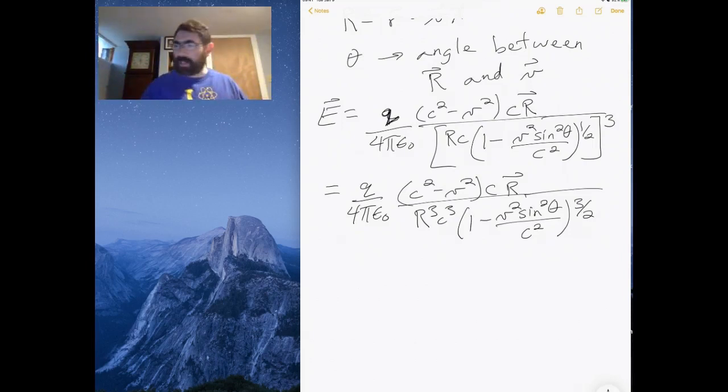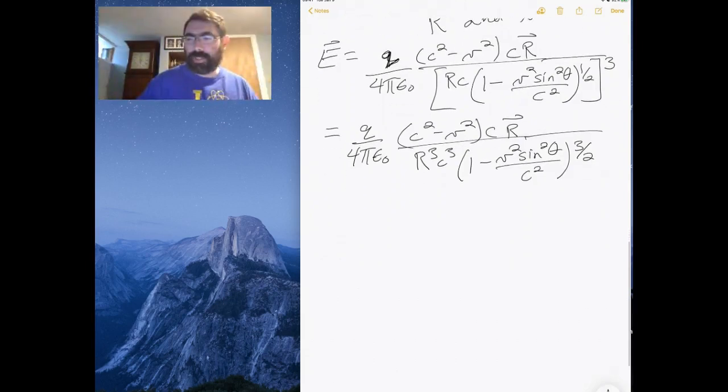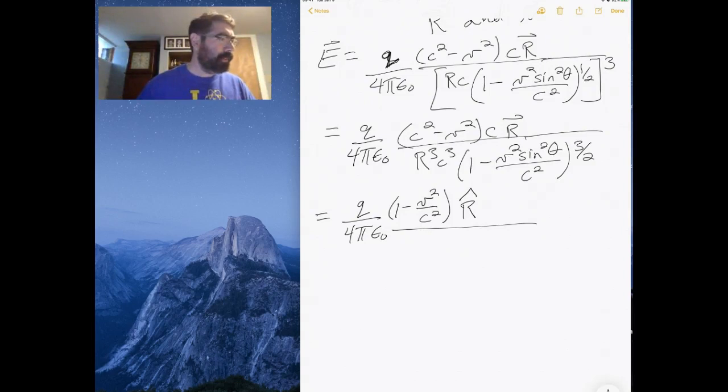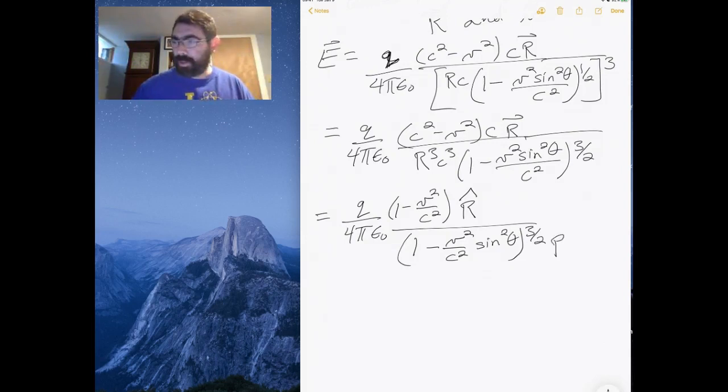So now what I'm going to do is multiply the top and the bottom by 1 over c squared, and when I do that, I get Q over 4 pi epsilon naught, 1 minus v squared over c squared, in the r hat direction, divided by 1 minus v squared over c squared sine squared theta to the 3/2, r squared.